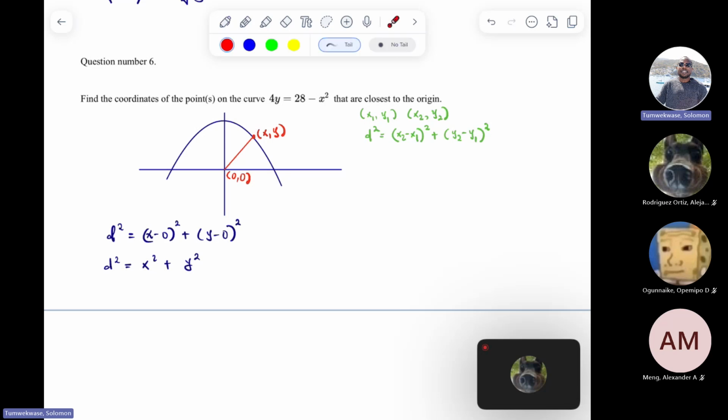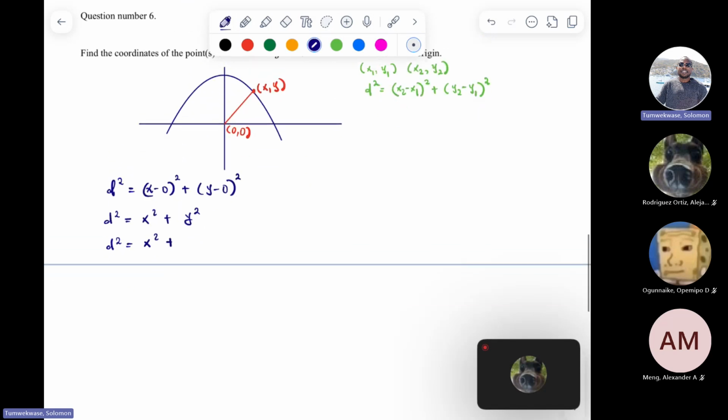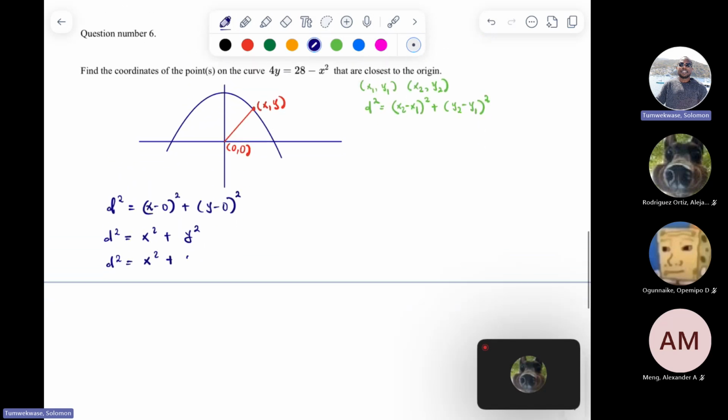Okay, but I know what y is. I have y from the equation of the curve. So we have d squared is equal to x squared plus y squared, and y squared is the same as 28 minus x squared, then over 4, and the whole of it squared.